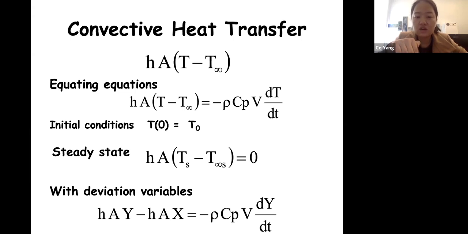By introducing deviation variables to this equation, we can transform the original equation to hAy minus hAx equals minus rho times Cp times V times dy dt.